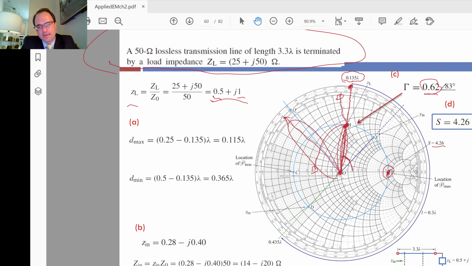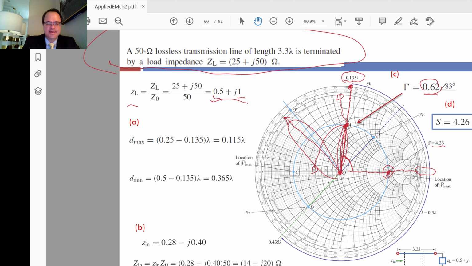This is the position of our voltage maximum, and that's at 0.25 lambda. The distance from 0.135 to 0.25 lambda, subtracting, is 0.115 lambda. So we have to go down the line 0.115 lambda, and at that point we will reach a voltage maximum.